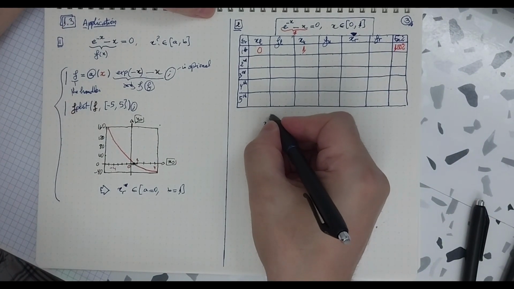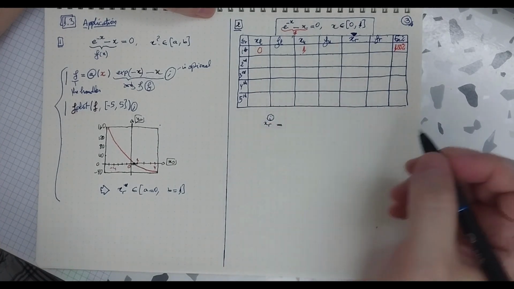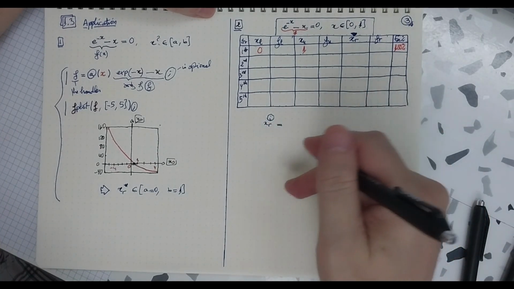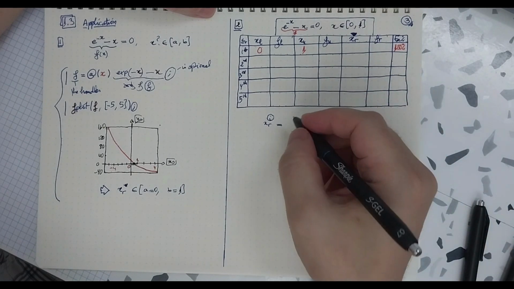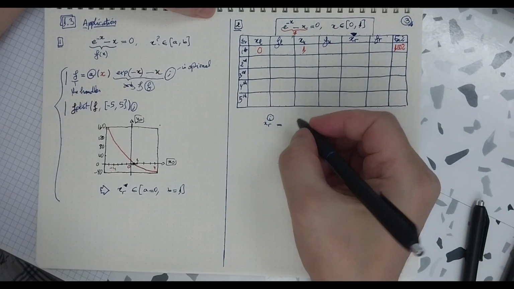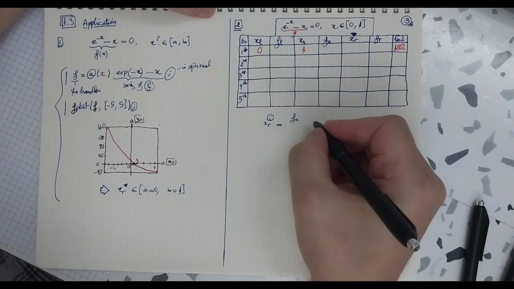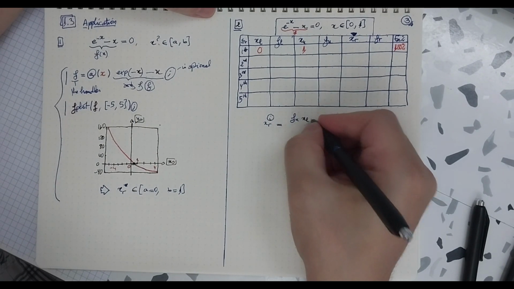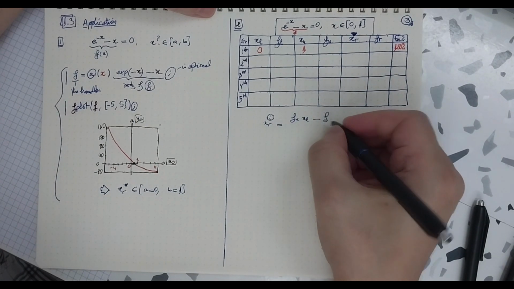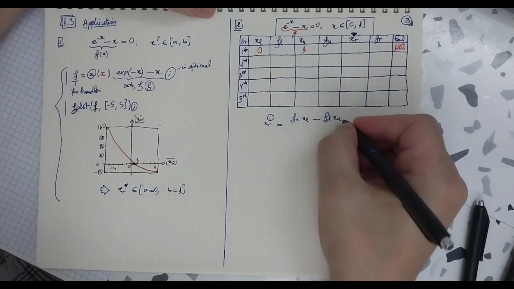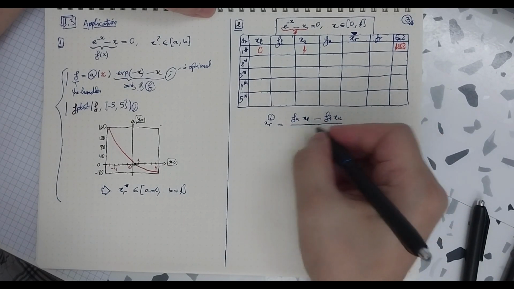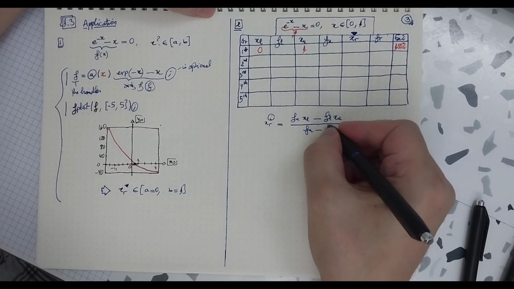XR at the ith iteration, this is the false position method, the chord with the x-axis, using similar triangles. So XR = (XL f(XU) - XU f(XL)) / (f(XU) - f(XL)).